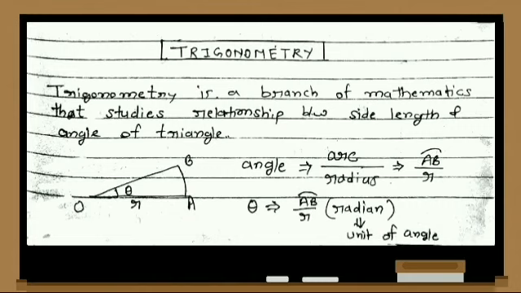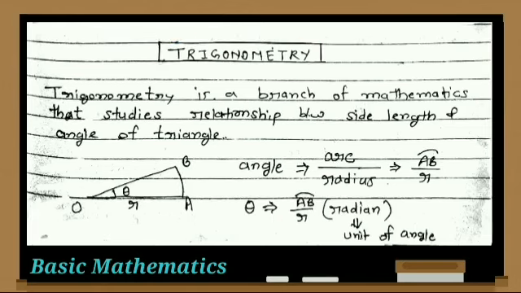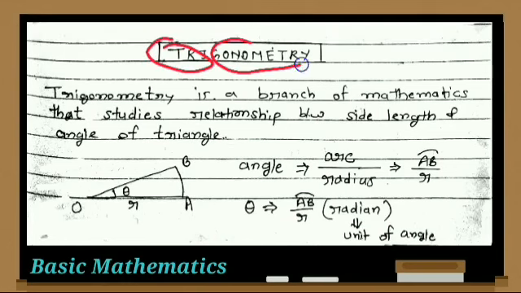The next topic is trigonometry. What is trigonometry? We discuss about it. Here you can see the first word tri and the second word gonometry. Tri represents three and gonometry represents geometry.